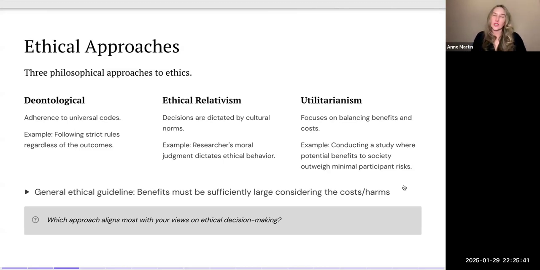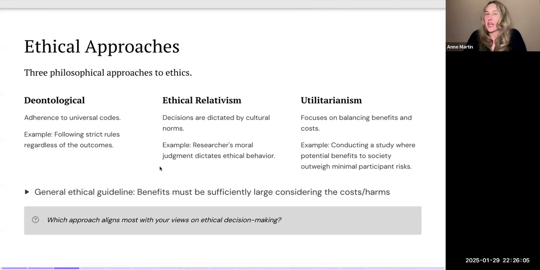These deontological ethical principles apply to every situation. A different ethical approach is ethical relativism, which means that ethical decisions are guided by the culture and the context that dictates the societal norms at the time. So that is another approach.